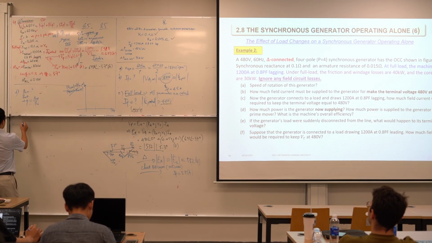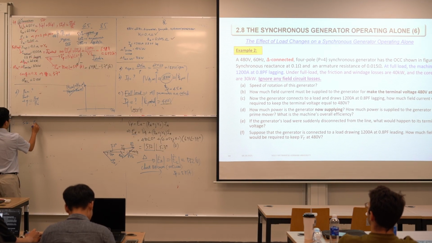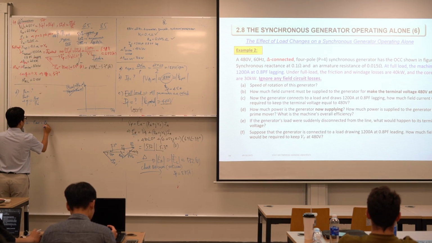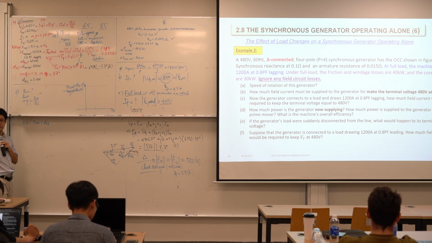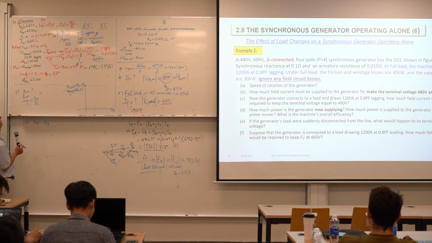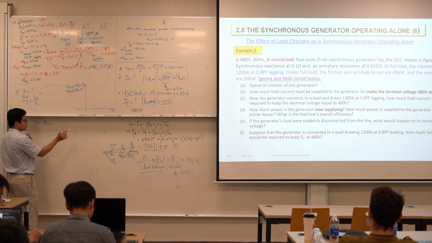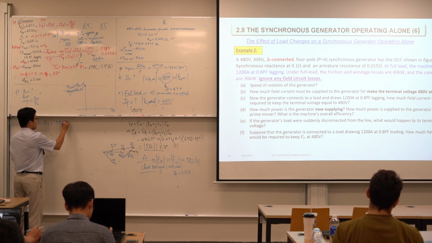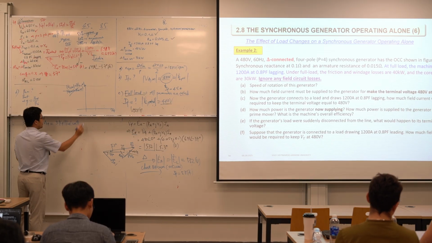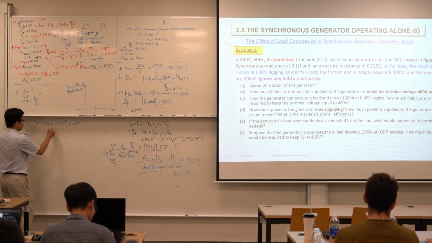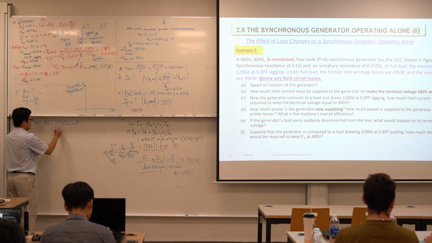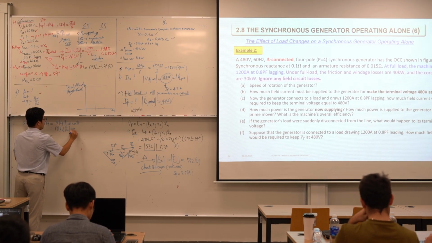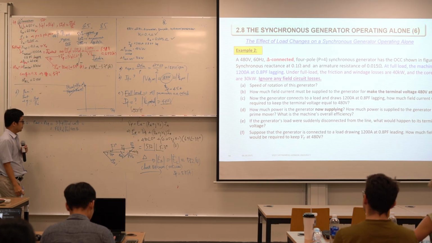Because this is a synchronous generator, P out is three phase. Equal to what? It's up to you. If we use 3, this one is V phase, IA, cosine theta. If we use root of 3, this is VL, IL, cosine theta. It's up to you.